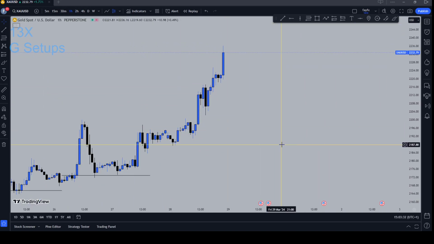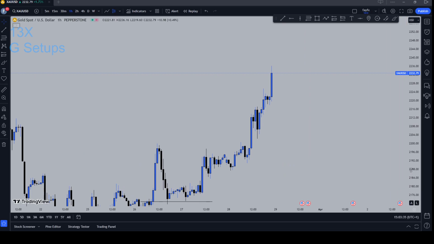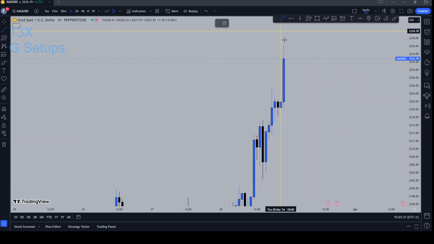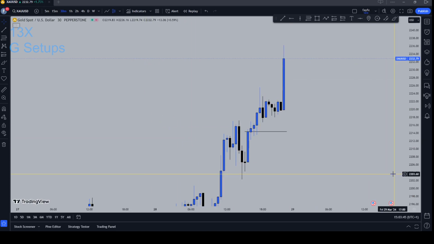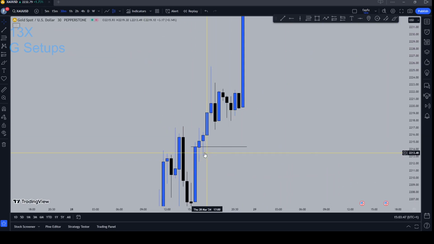Let's go to 1 hour. This is a trade I took. We have an H1 gap. When we go one time frame lower, we find a gap CC. It's a very good trade.